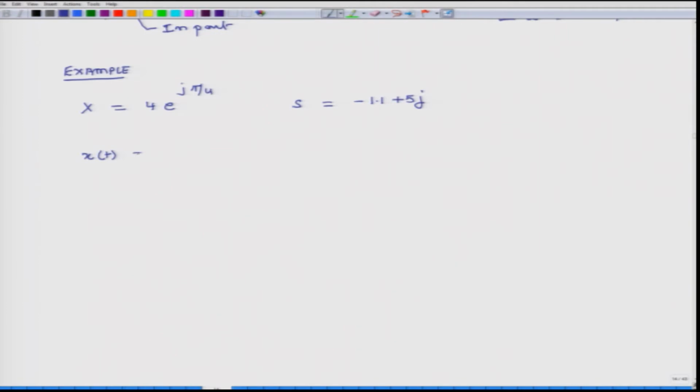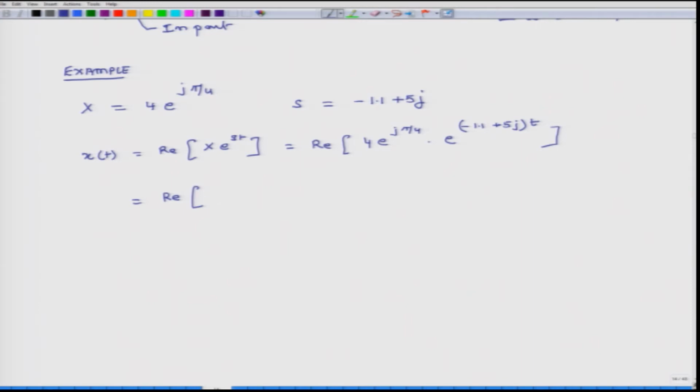So, actual pressure is equal to real of X times e to the power of s t, based on the relation we wrote earlier. This is equal to real of 4 e to the power of j pi over 4 times e to the power of minus 1.1 plus 5j, times t.